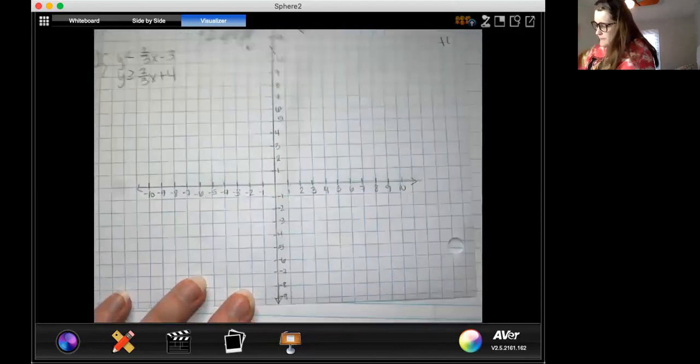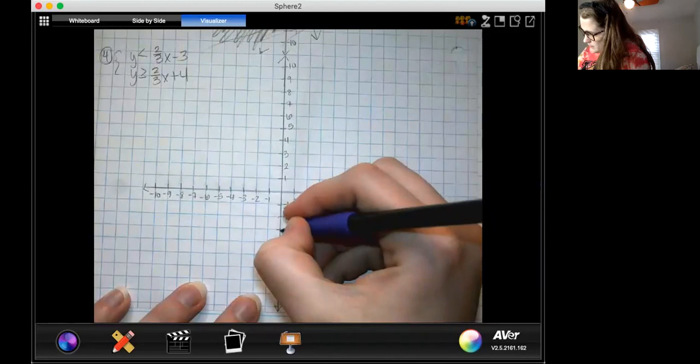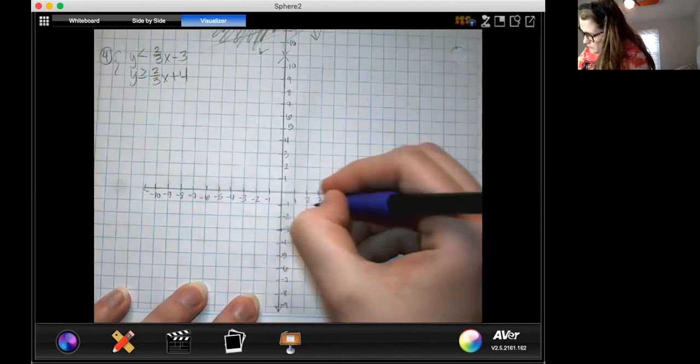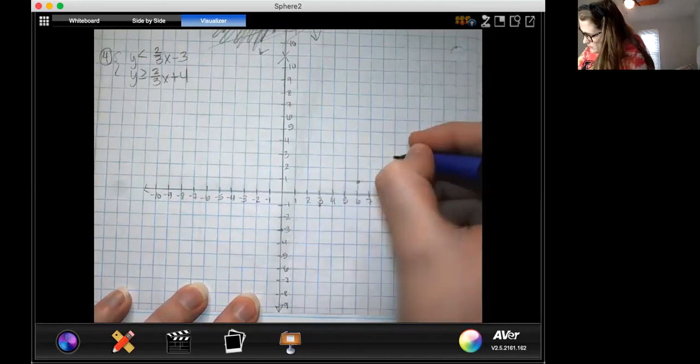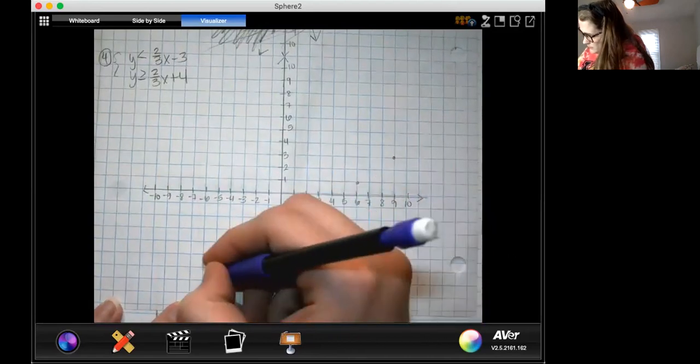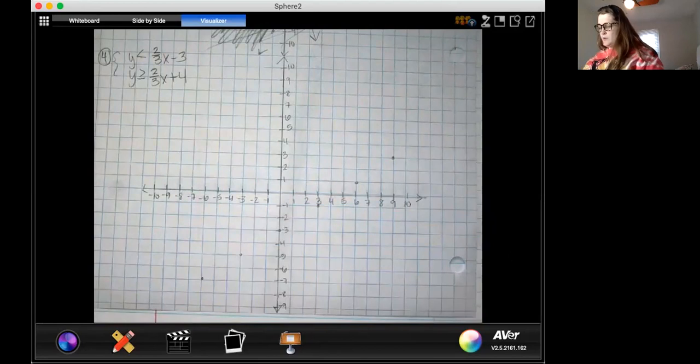Okay, so I'm going to start with the first one, 0, -3, slope of 2/3, so up 2, right 3, down to left 3, over and over.